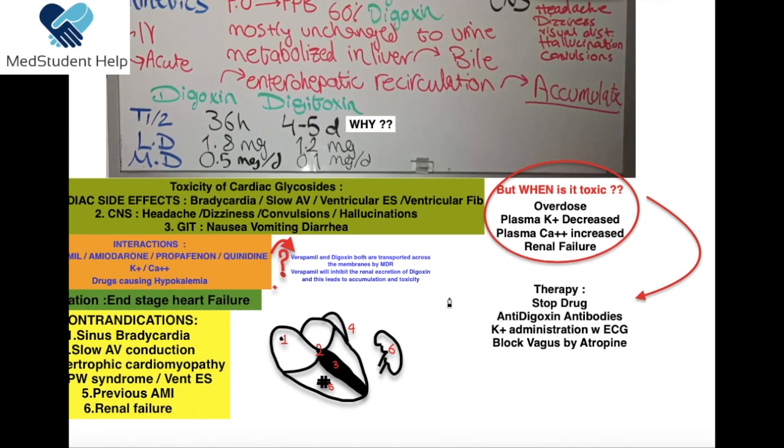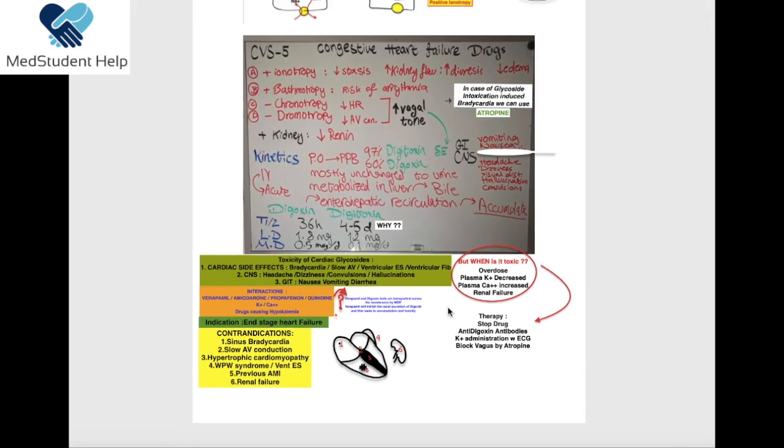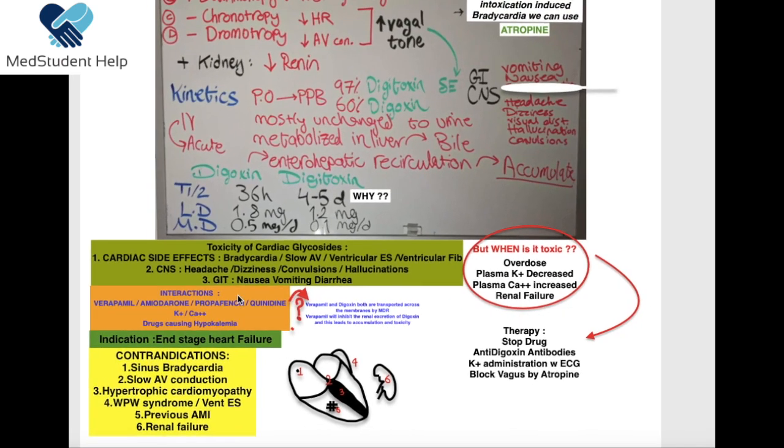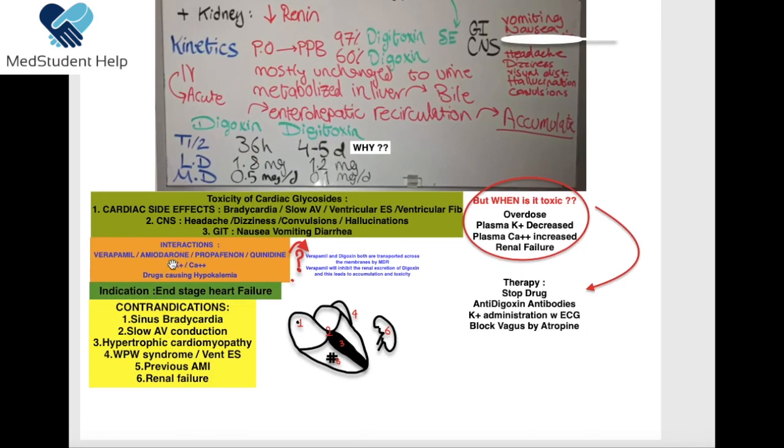Now, let's see the interactions. Okay, so the interactions that are going to happen with the cardiac glycosides. You can't give the cardiac glycosides to a patient who's receiving verapamil, which is a calcium channel blocker, amiodarone, propafenone, and quinidine.